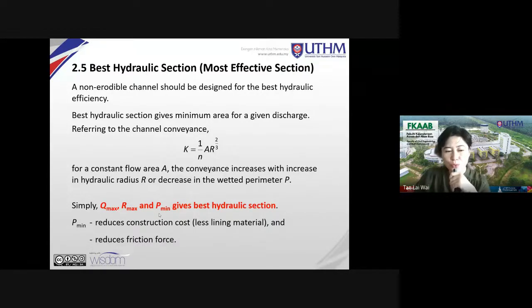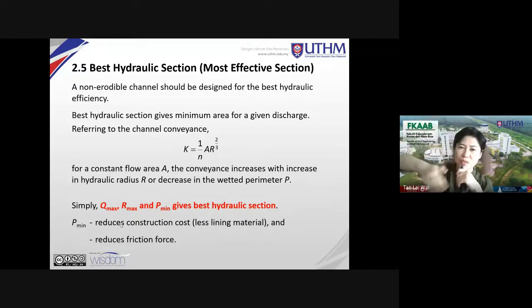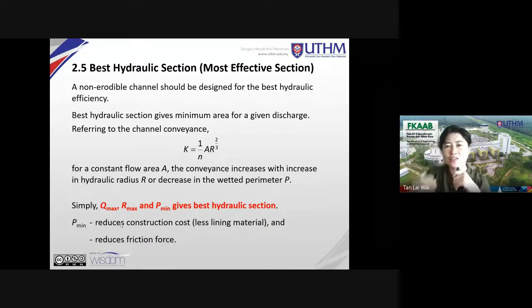Now, why do we need P minimum? When the channel lining is minimum while your Q is maximum, you reduce the construction cost, excavation cost, as well as the lining cost. That's why it's known as an effective section. Cost-wise it is reduced, but you can still convey the same discharge.